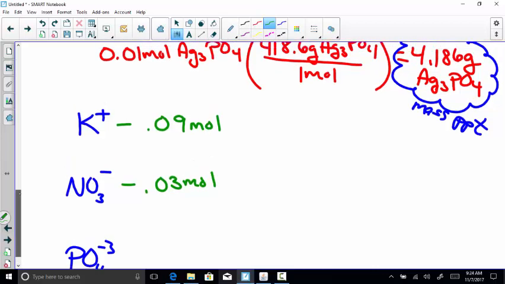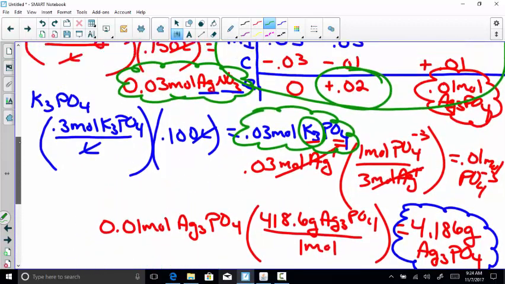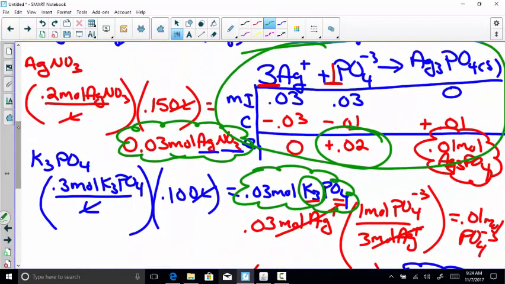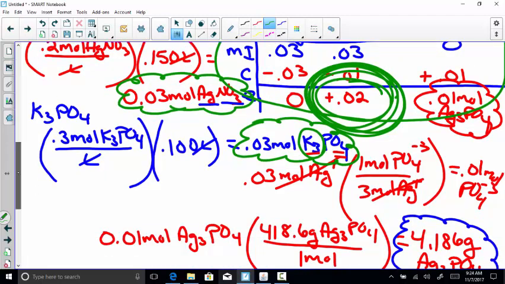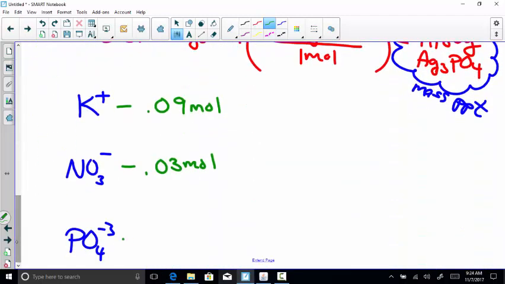And then my phosphate ions are coming from right here, and I have 0.02 moles. Okay, so those are the moles that we have. And then what you have to look at is, in order to find molarity, molarity is moles per liters, I need to know, okay, how many liters have I got?